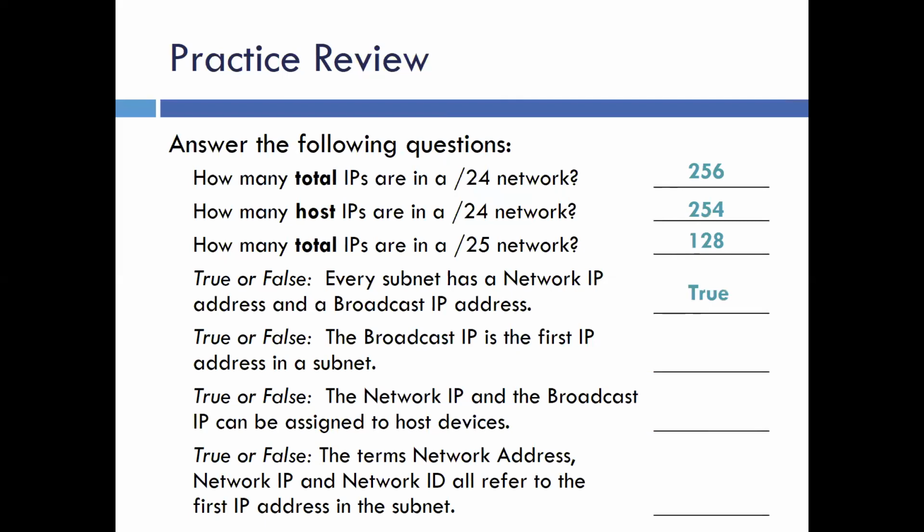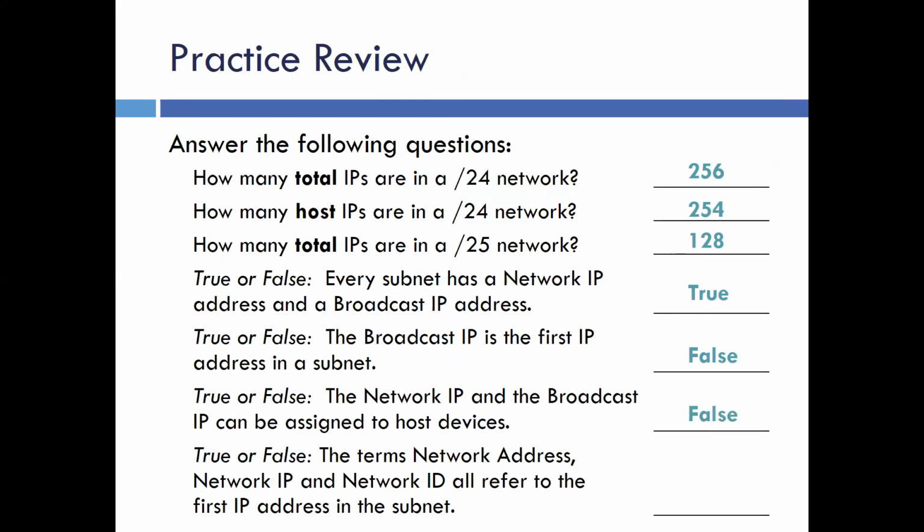That's true. True or false? The broadcast IP is the first IP address in a subnet. That's false. It's the last IP address in the subnet. True or false? The network IP and the broadcast IP can be assigned to host devices.